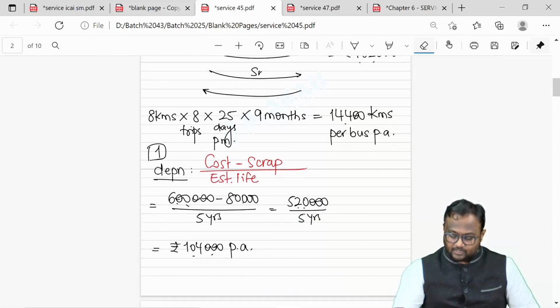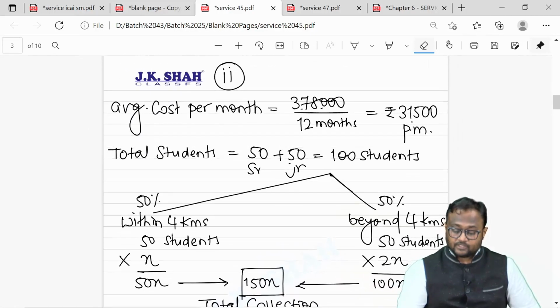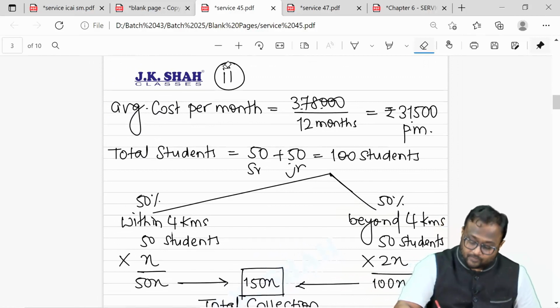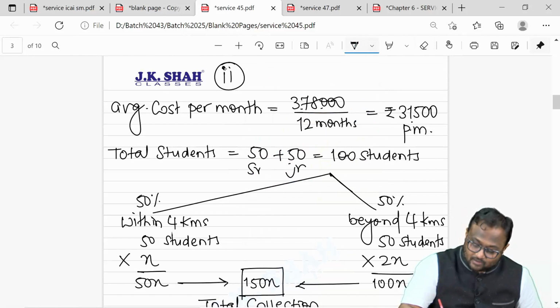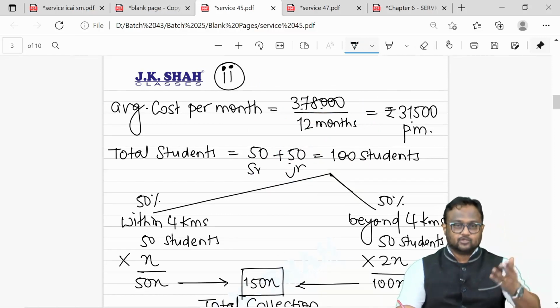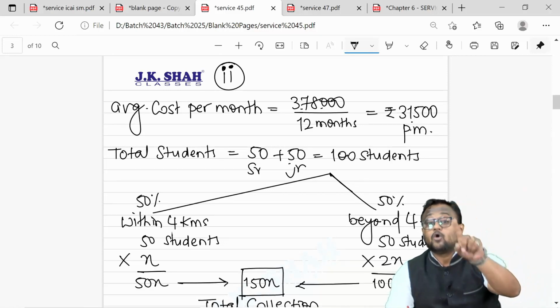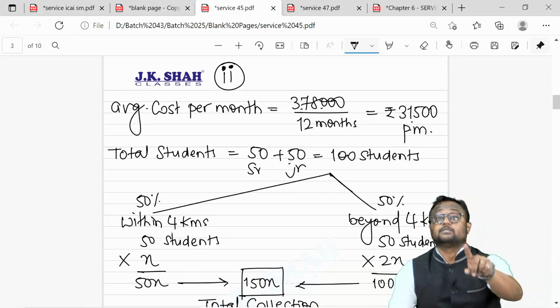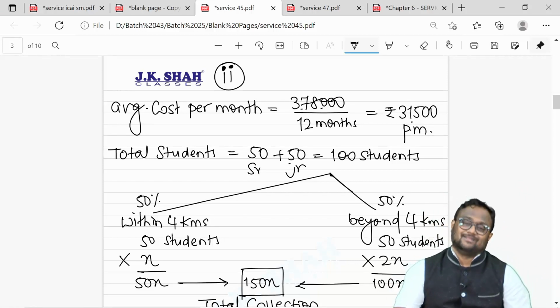Depreciation was again a very simple task. The most important part was this. We were supposed to know average cost per student per bus. Now see, calculating cost per bus and cost for 5 buses was a very easy task. You already have solution, you can go through that. The important part was this. They asked us to find out cost per bus and average cost per student per month.